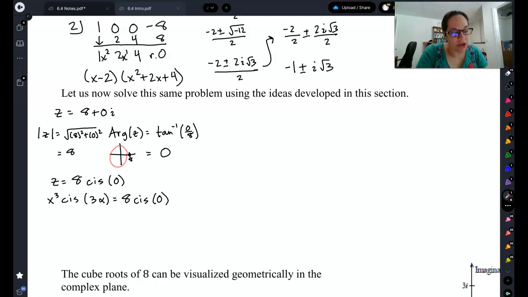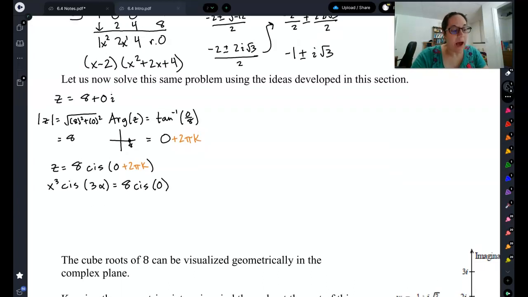I could add 2 pi k and get to the same theta every time. So I'm going to write that in. To find all my thetas, I would add 2 pi k, and that gives me all answers, all thetas that work. Now, here's what I did. I want to find the cube roots.